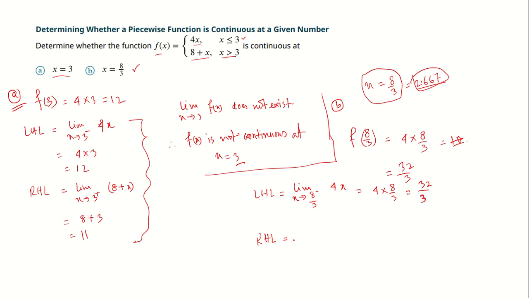And for the right hand limit, which one do we have to use here? Is it 8 plus x? 8 plus x will be used when x is greater than 3, but it's less than 3.